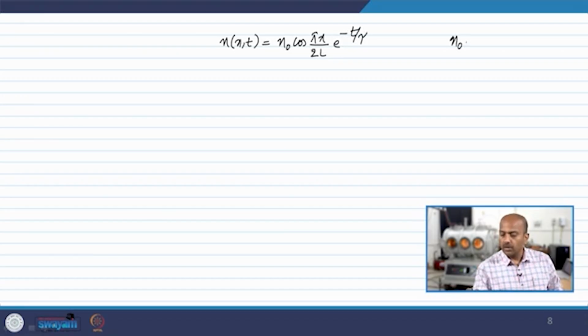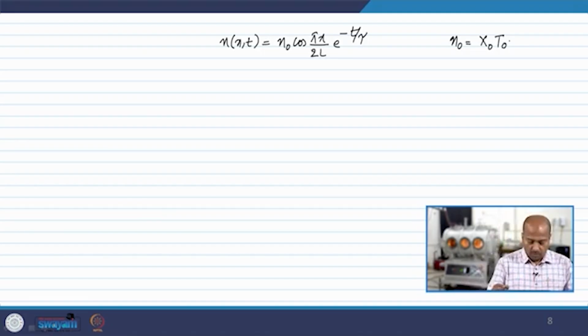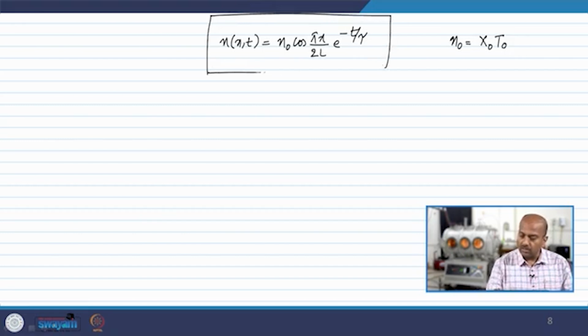What is n naught? n naught is nothing but X naught, which is a constant that appeared in the sinusoidal solution, and T naught, which is another constant which appeared in the exponential solution for the time dependent part, and this is the space dependent part. Right. So, this is the way the concentration changes with respect to space as well as time.